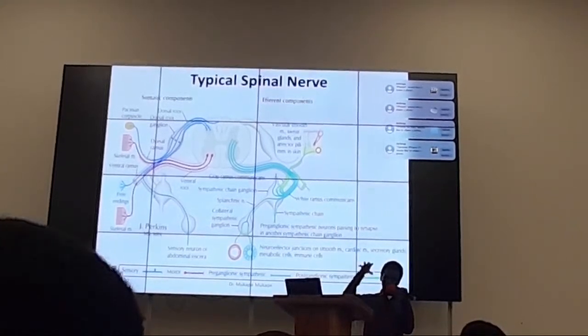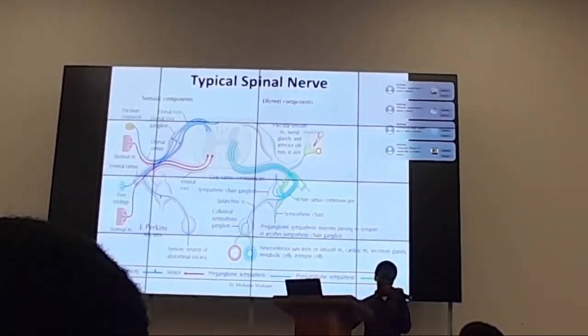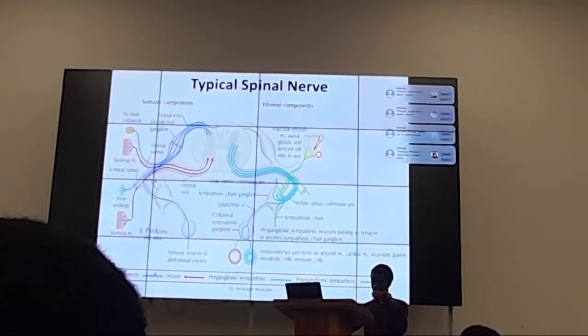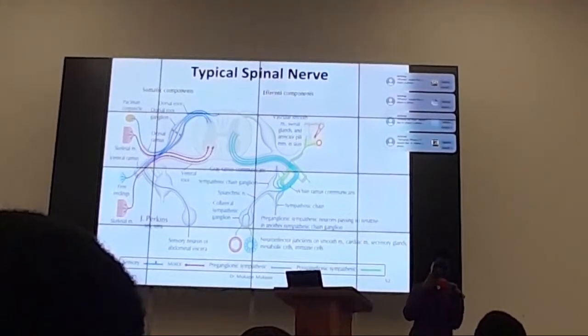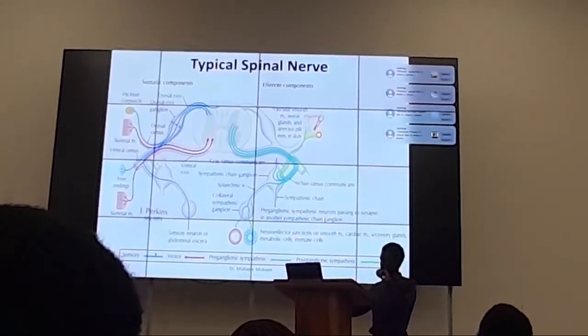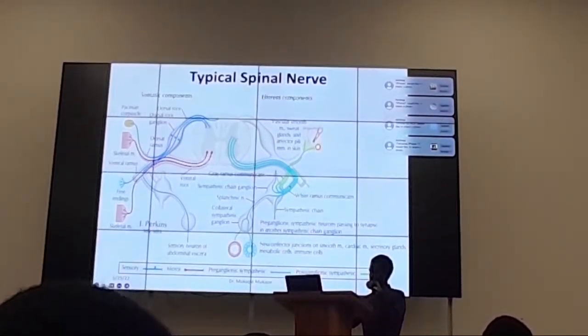Then now, you need to attach the relationship of the sympathetic chain with the ventral rami. Okay, so this is the sympathetic ganglion, which is attached by the white and gray ramus communicants. Okay, and we can see here these are the communicants.